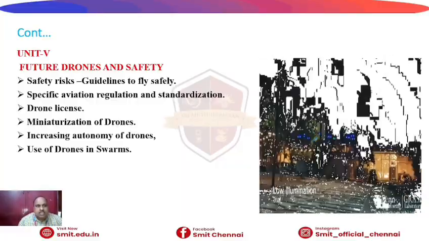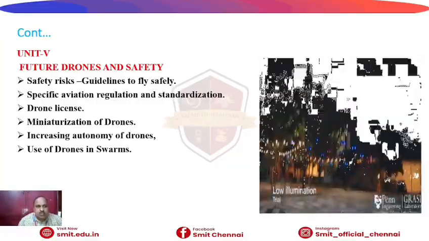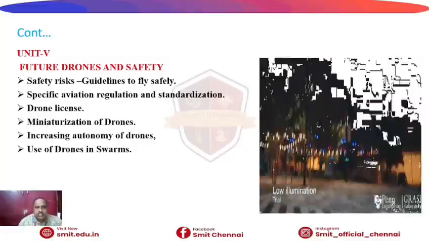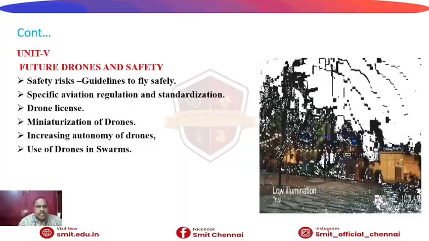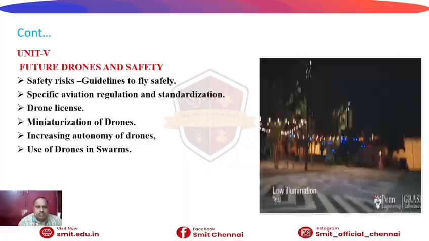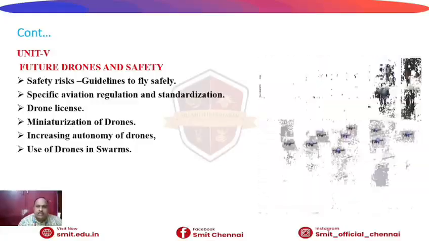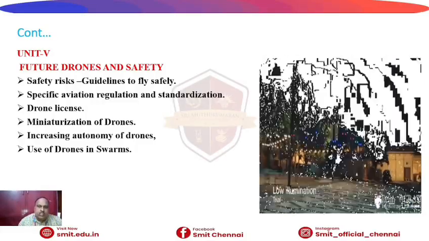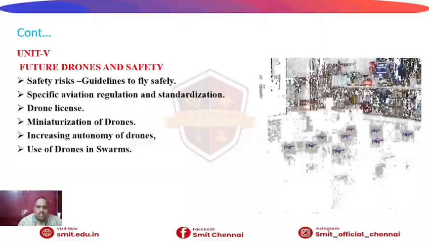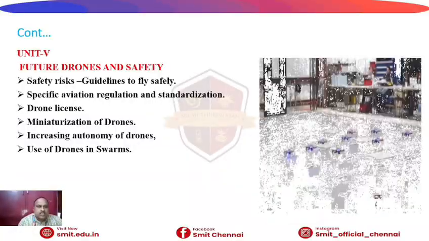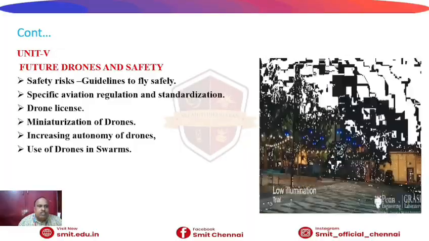These are all in unit 5, as well as the drone license and miniaturization of drones, increasing autonomy of drones, as well as use of drones in swarms. That is, multiple drones we can use, the drone in swarms manner. So this comprises unit 5.